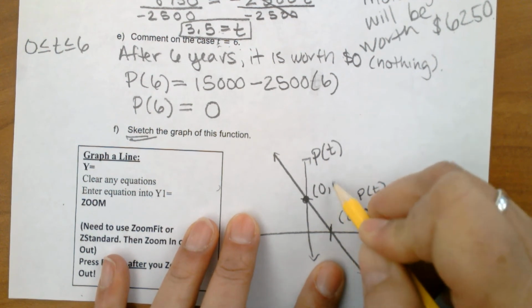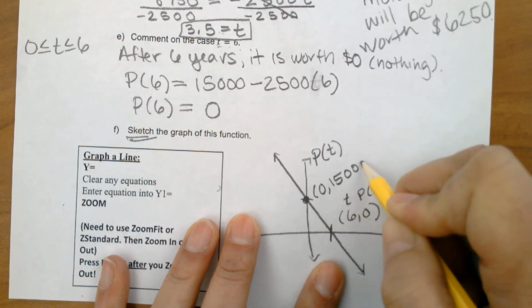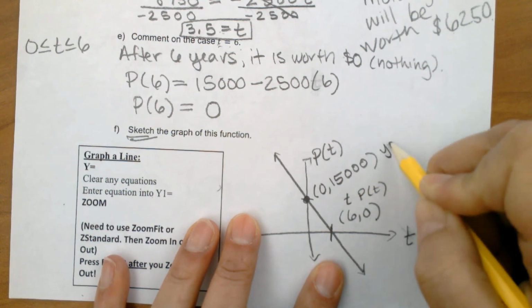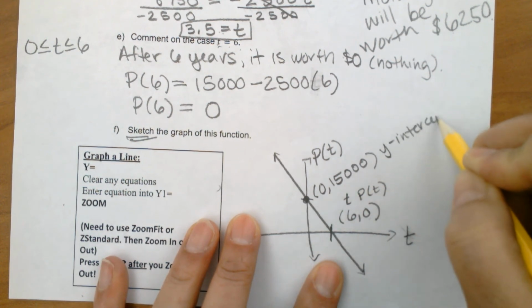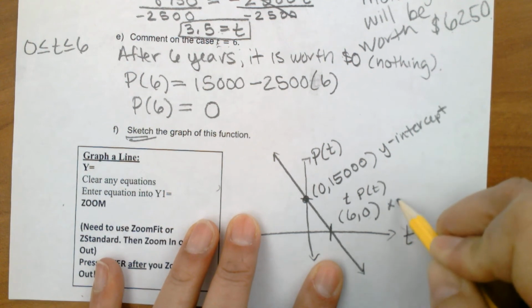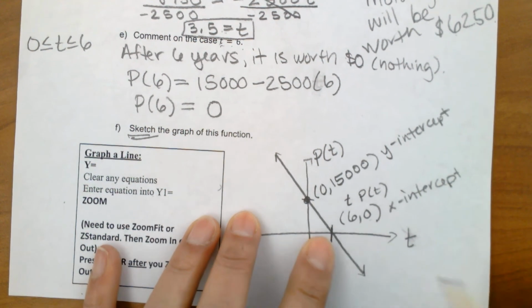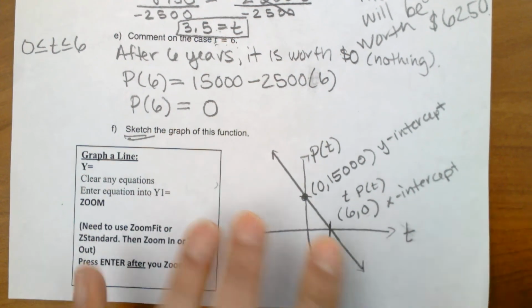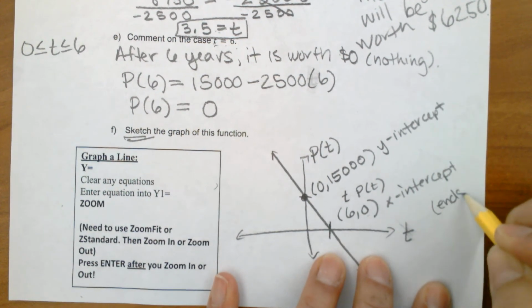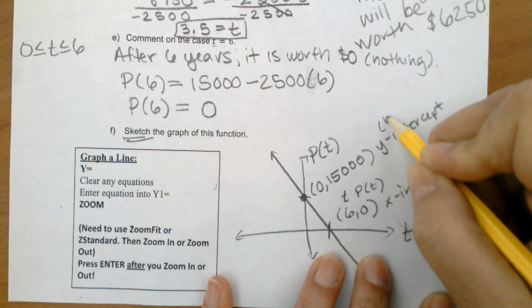And this would be 0, 15,000. So this is the y-intercept. And this is the x-intercept. And usually our x-intercept is where something ends, and y is where it begins.